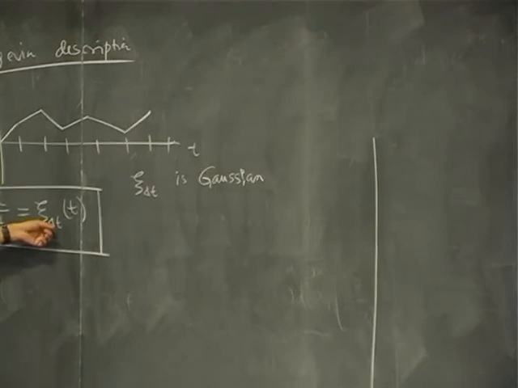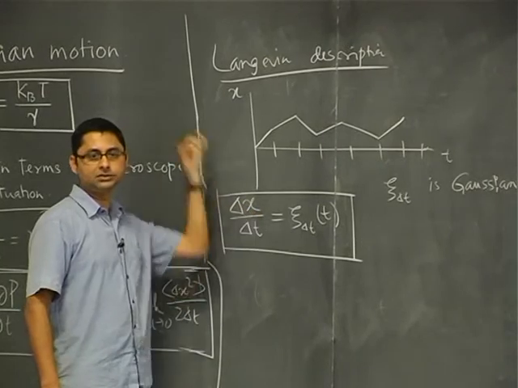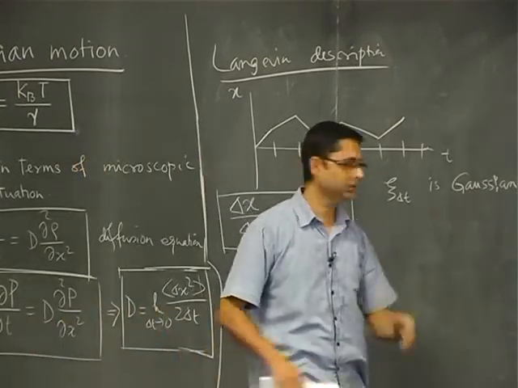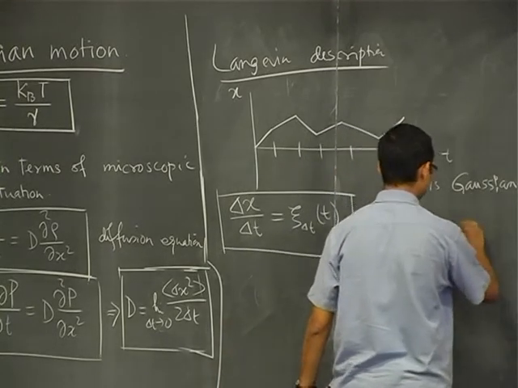Okay, so let's look at the average of this noise. What is the average of delta x? That is 0, because delta x times phi is a symmetric function. So we saw that the average of delta x is 0, which implies the noise at any time is equal to 0.